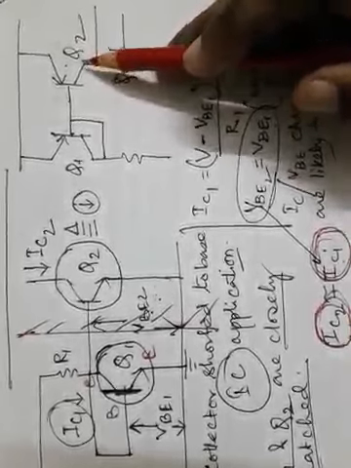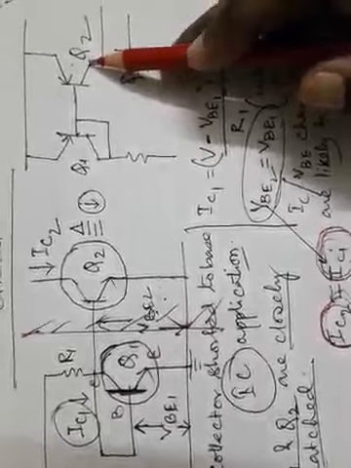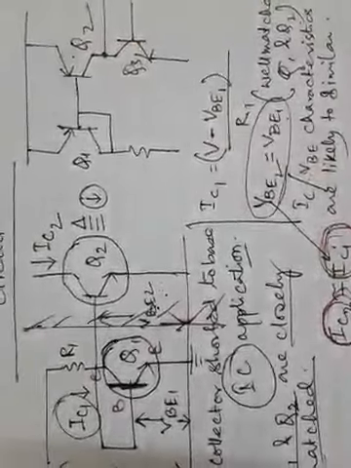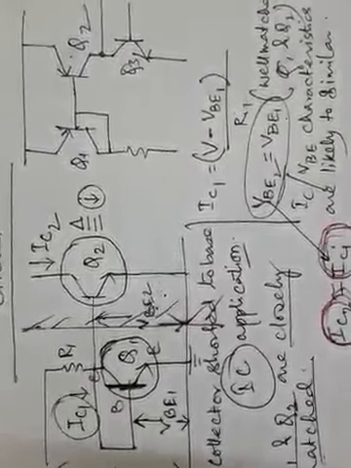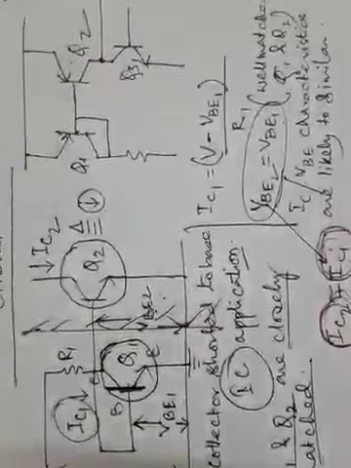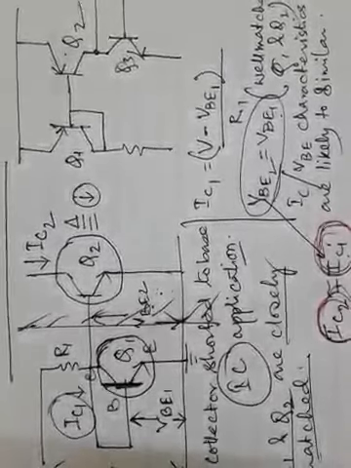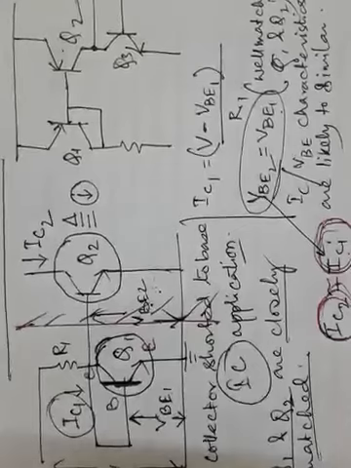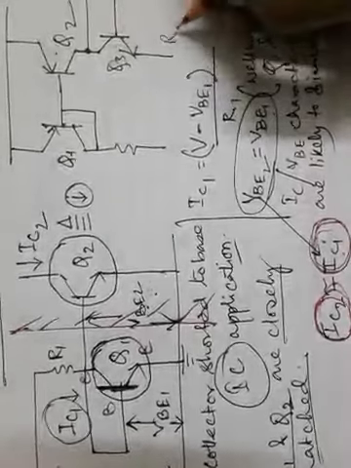Instead we have placed a transistor behaving like a constant current source, which is called Q2 here. This arrangement gives an effective load resistance RC approximately equal to 1 by hoe.